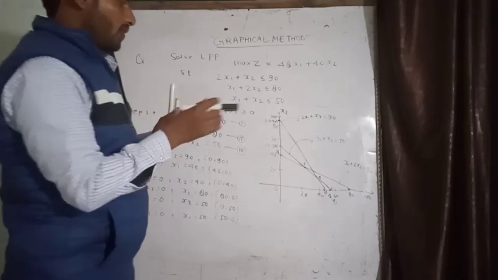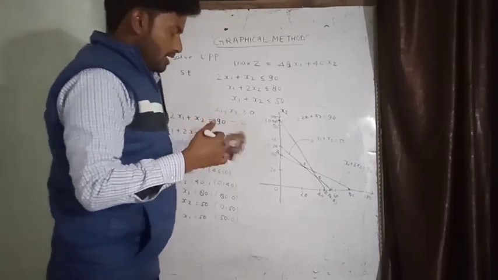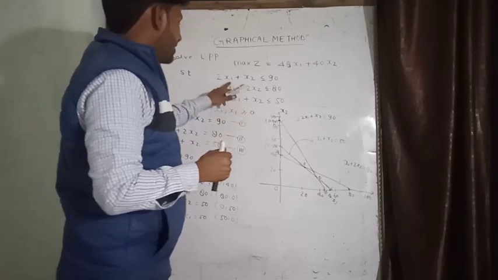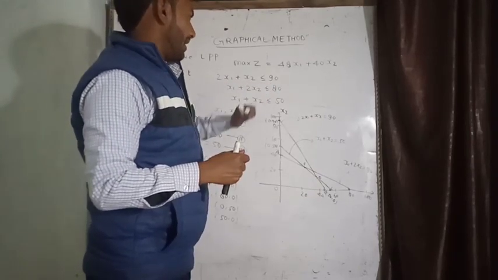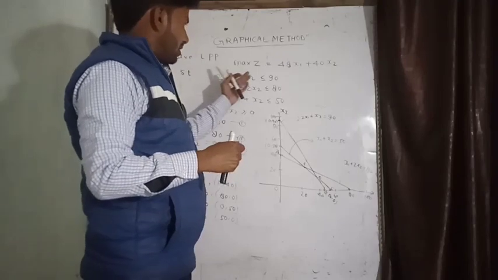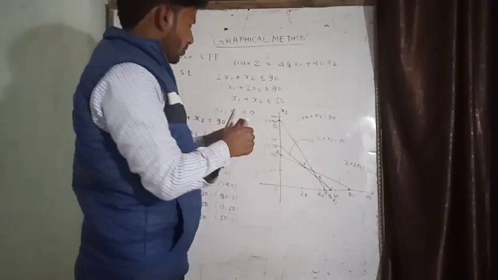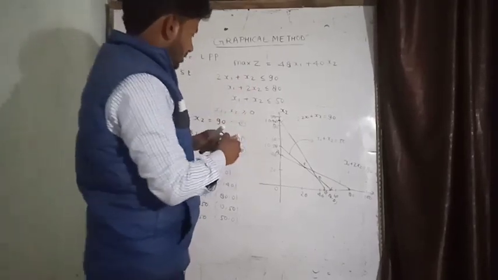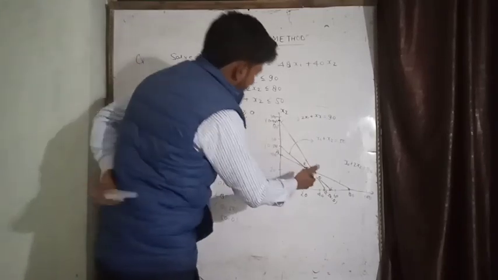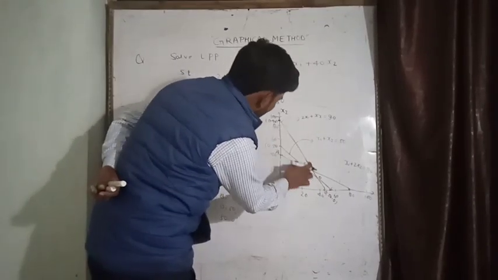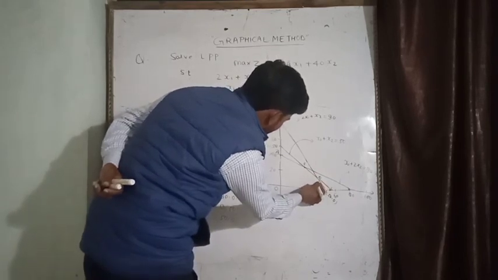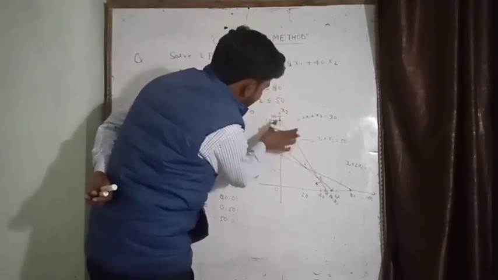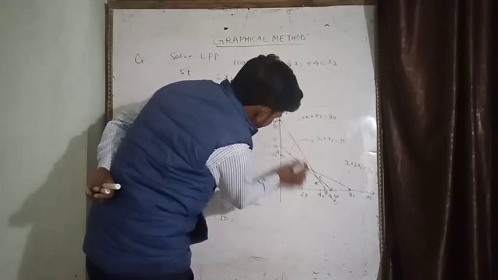Here it is given that 2x1 plus x2 is less than or equal to 90, so we draw an arrow on this line. This describes this total area.